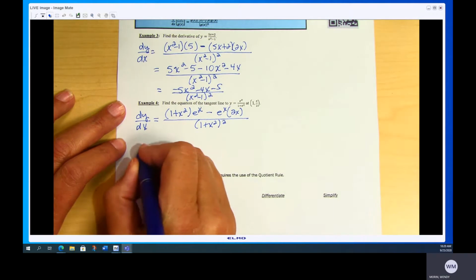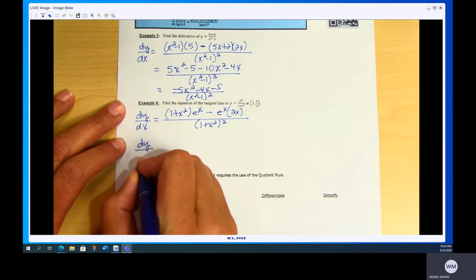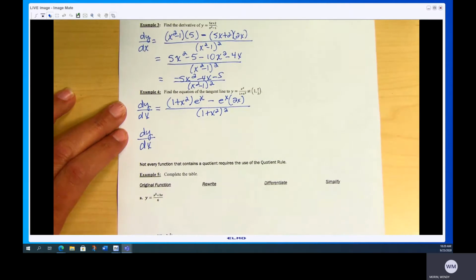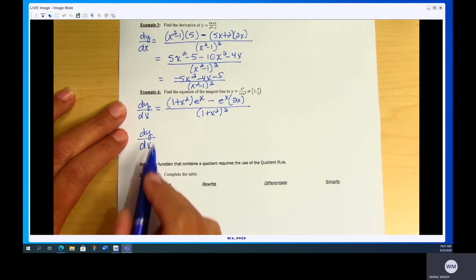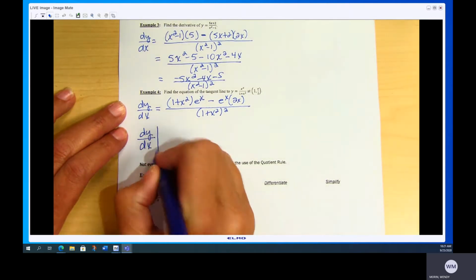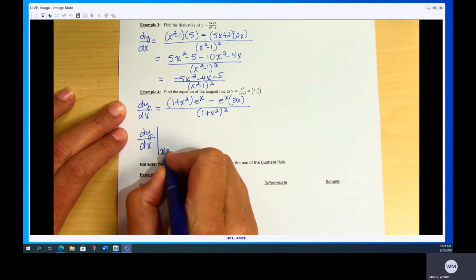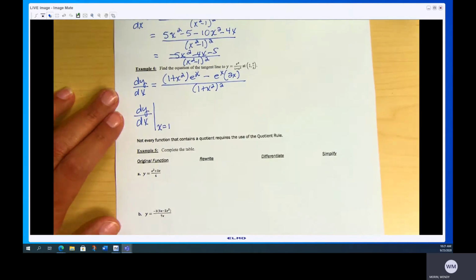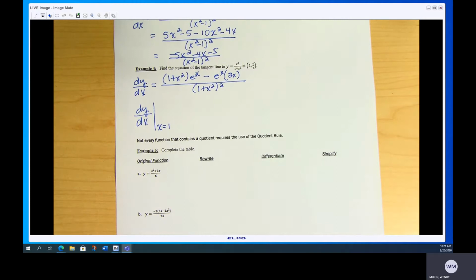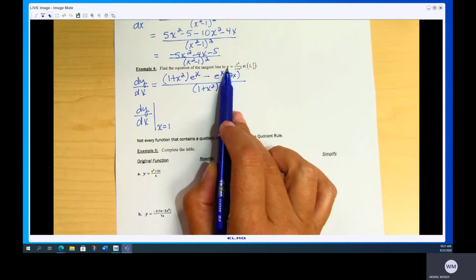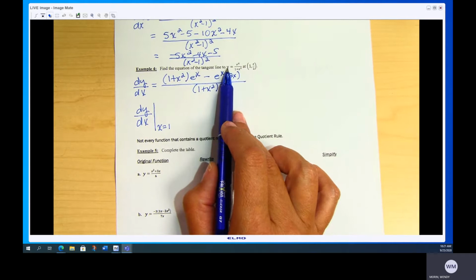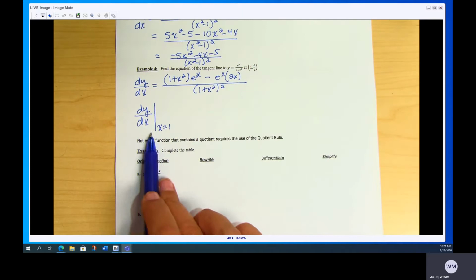Let me show you the notation for that you need to understand. I'm going to evaluate the derivative at x equals 1. That's like saying, what is f prime of 1? But we don't call this f of x. They call it y. So we're just using the notation that's given to us. It's not in function notation. So we're going to use this notation.